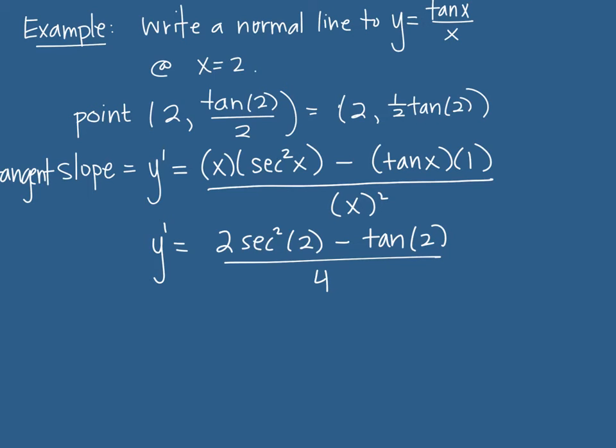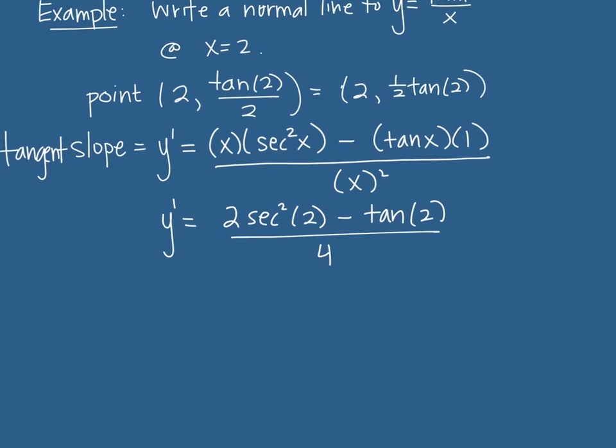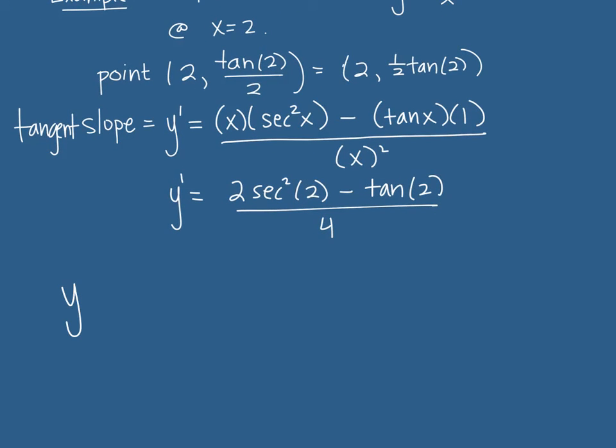We're ready to write our normal line. Just remember that you're doing a normal and you're not doing a tangent line. So your normal line would be y minus the y value, that was tangent 2 over 2. What's the normal slope going to look like? How would I write that? Flipped and negative, right.